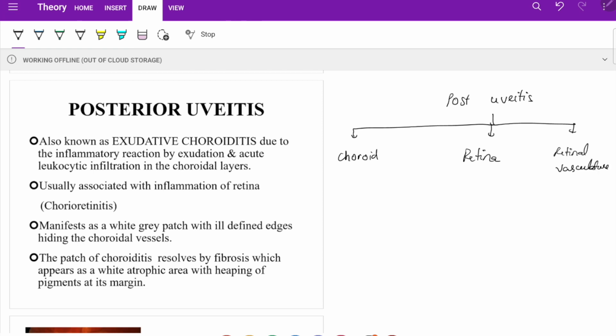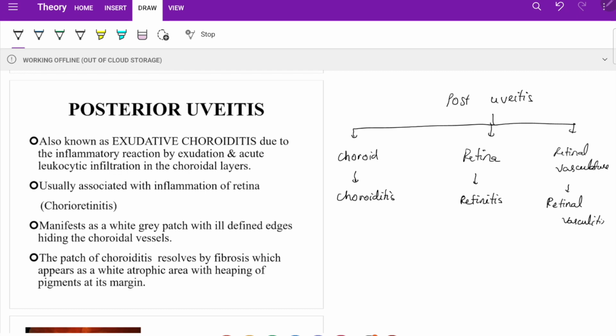So choroid, retina, retinal vasculature. Choroid inflammation is also called choroiditis, retinal inflammation is retinitis, whereas any issue with the retinal vasculature is retinal vasculitis. So you are going to remember three things.